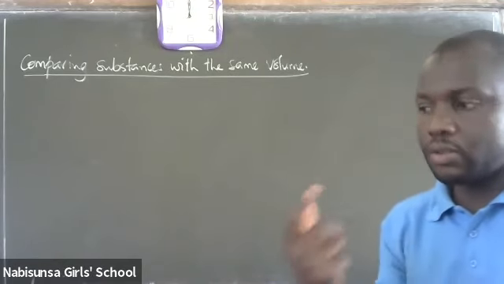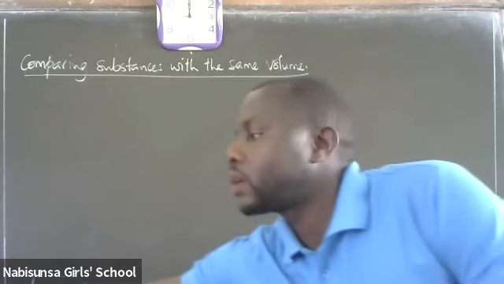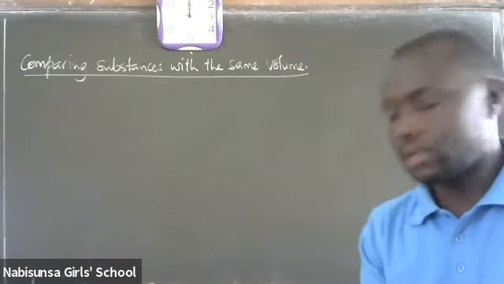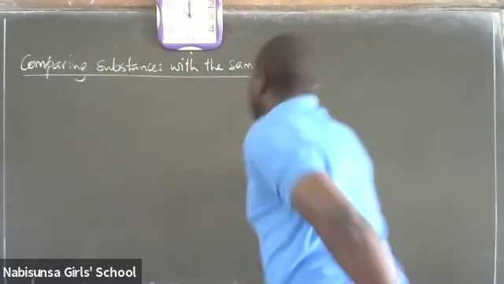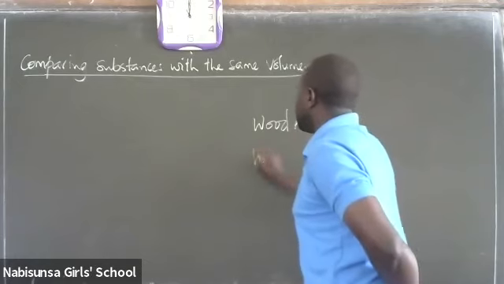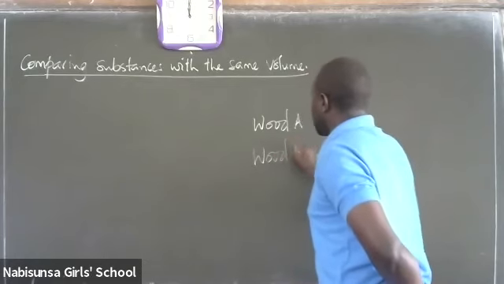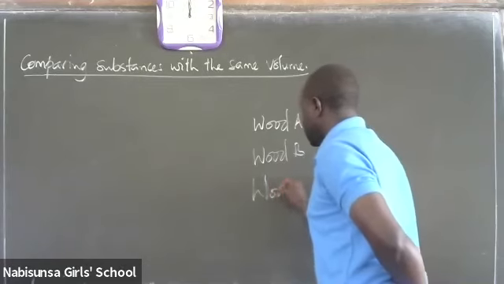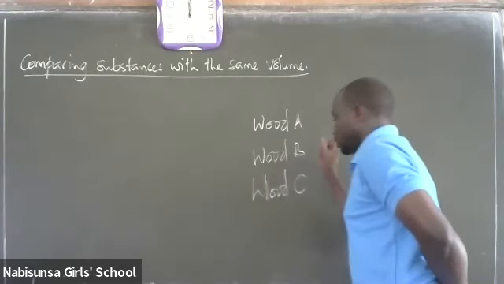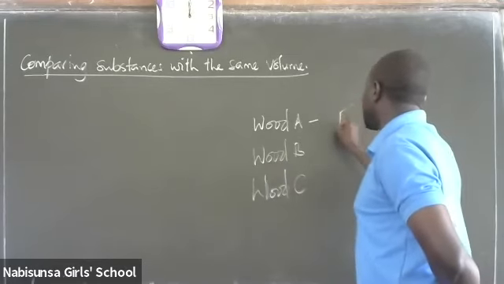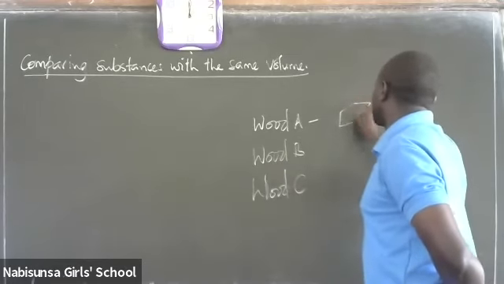So we said what you do, you pick different samples of the available wood. Supposing you have wood A and wood B, then you can even have wood C. Suppose we have 3 types. We pick a sample of this. We cut off some sample.